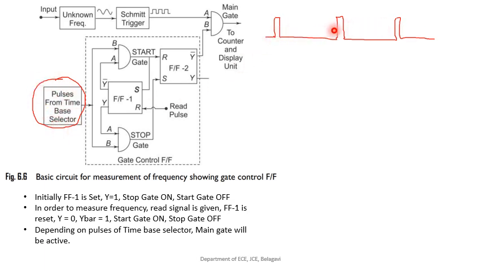The duration between two pulses will be fixed. It could be 1 second, so if this is 1 second, then this will also be 1 second.